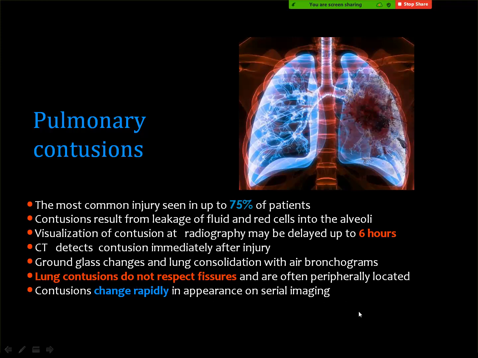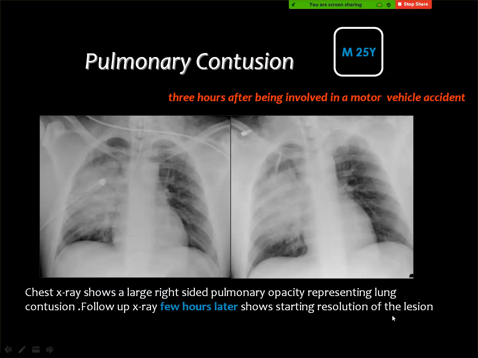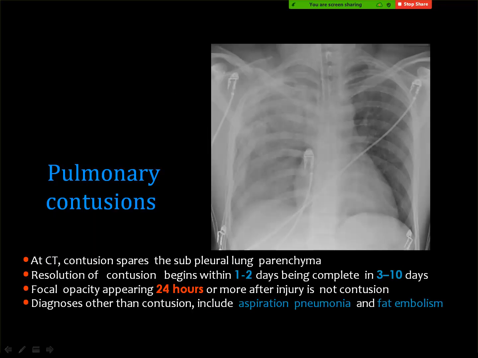But aspiration pneumonia or fat embolism do not change so rapidly, similar to a pulmonary contusion. Then, if you see an opacity in the lung immediately or a few hours after the accident, consider pulmonary contusion, and the follow-up will show significant changes.